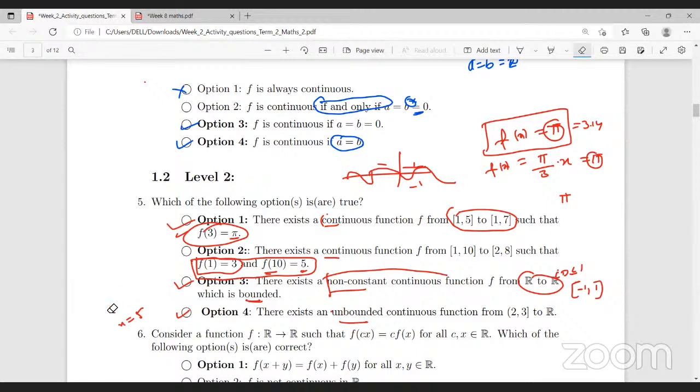It can be any complicated function, but there exists some function. If even one example is true, then we will mark it correct. Okay, I will think about it and let you know. Thank you, sir.